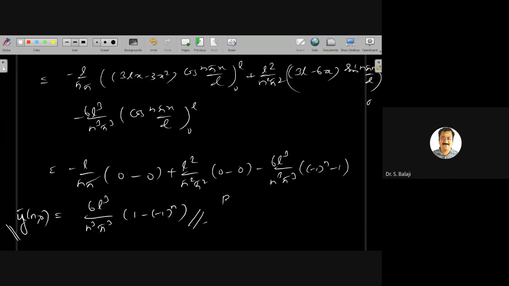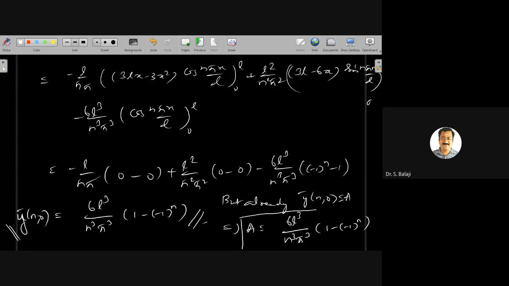But already y bar of n comma 0 equal to a implies a equals 6L cube by n cube pi cube, 1 minus (minus 1) whole power n, and j is 4.